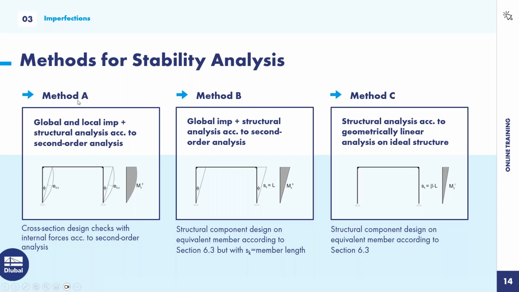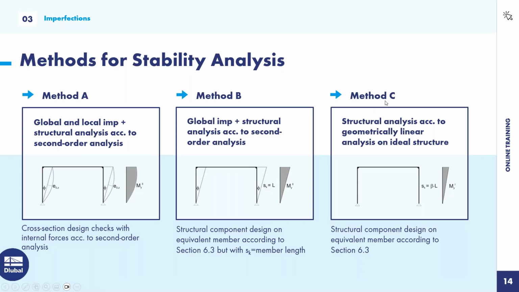For method A, you have to apply global and local imperfections, and do a structure analysis according to the second order analysis. For method B, you have to assign global imperfections and do a structure analysis according to second order analysis, but with the member length, as you have to consider only the member length as buckling length.